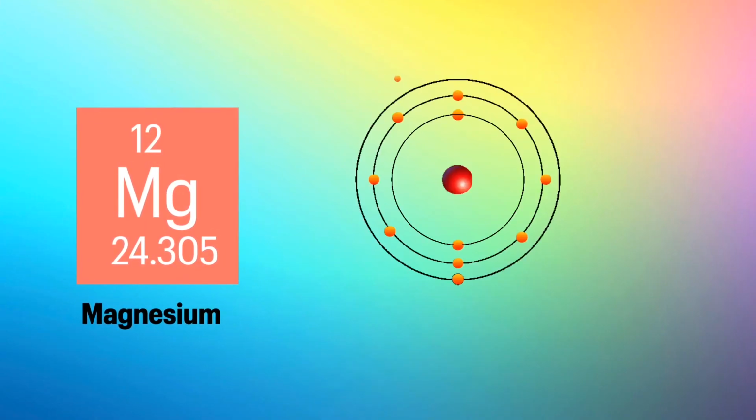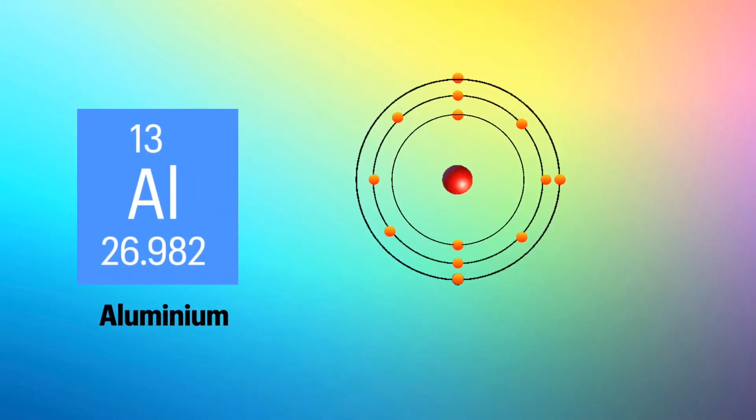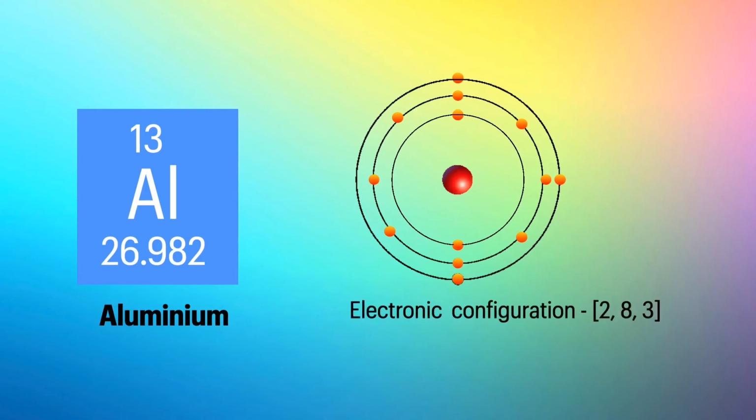Similarly, magnesium has electronic configuration of 2-8-2 because 2 electrons will occupy the first shell, 8 in the second shell and 2 in the outermost shell. Similarly, for aluminium, there are 2 electrons in the first shell, 8 in the second shell and 3 electrons in the outermost shell.